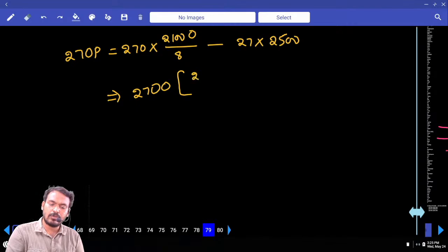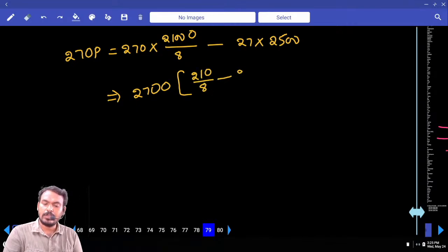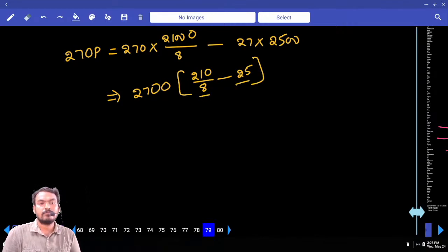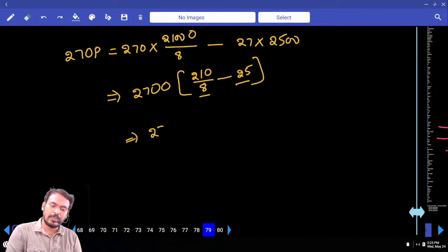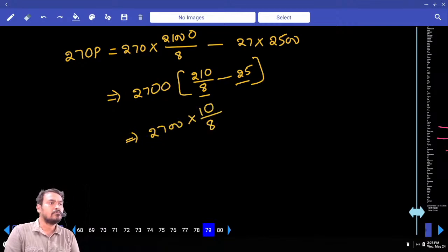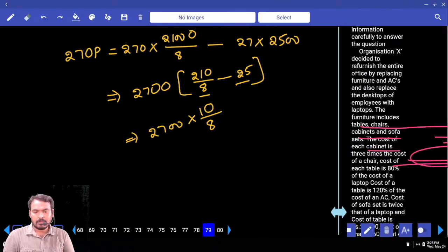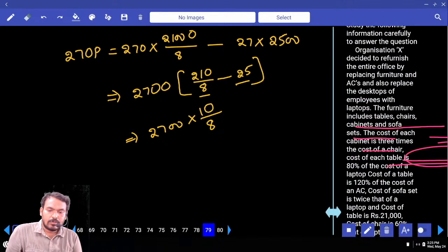What is the first one? 210 by 8, minus the second one, 25. 8 into 25, 200. 210 and 200 difference, 10. Then we write 2,700 into 10 by 8. 2,000.